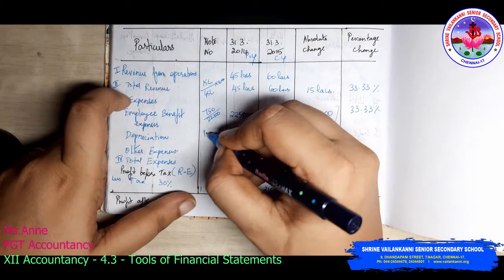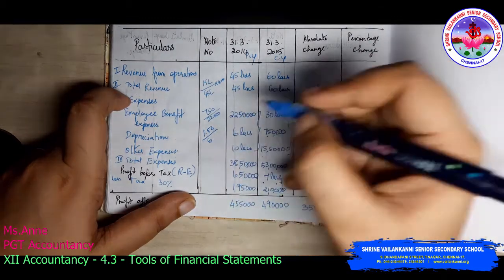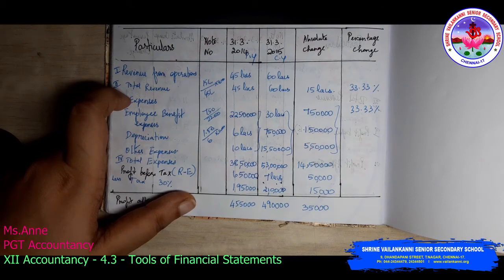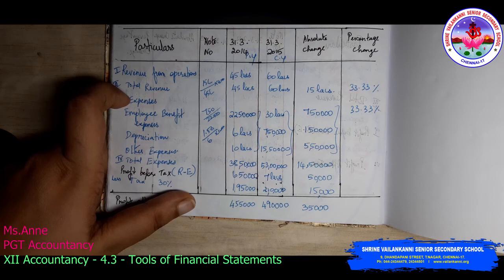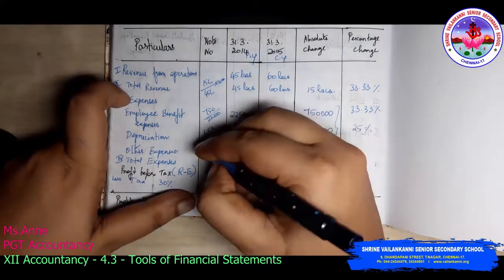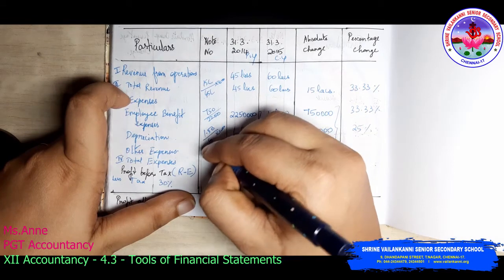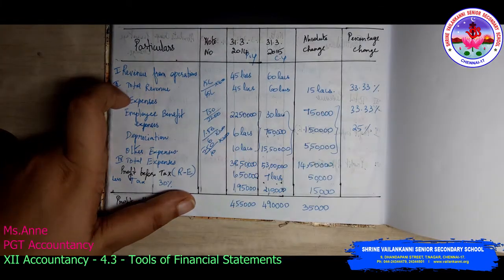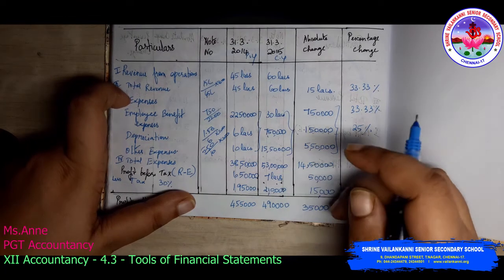Here 1.50 divided by 6 into 100, I'm getting 25 percentage. If I'm doing this, 5.5 divided by 10 into 100, I'm getting 55 percentage.